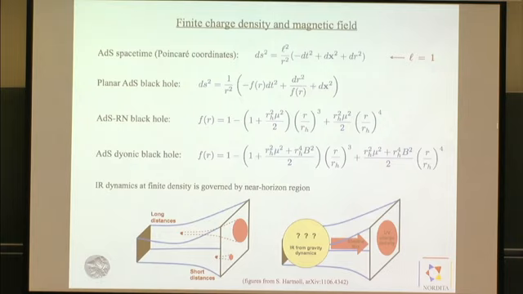And then if you want, you can also add a magnetic field, and that slightly generalizes your solution. And then, as you know, if you want to study the low energy behavior of the dual field theory, you are interested in the properties of the geometry that are far away from the asymptotic region, so the deep interior here. And depending on what you have there, you may or may not get some interesting dynamics.